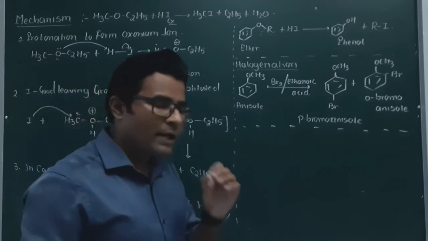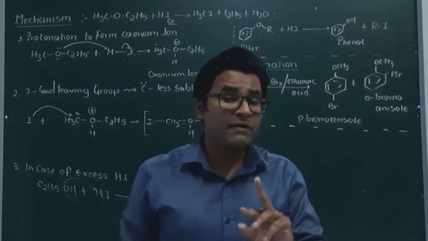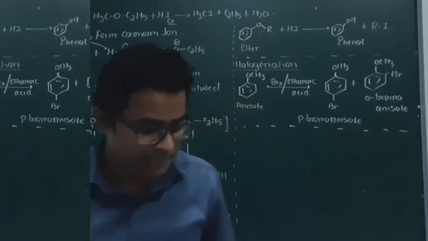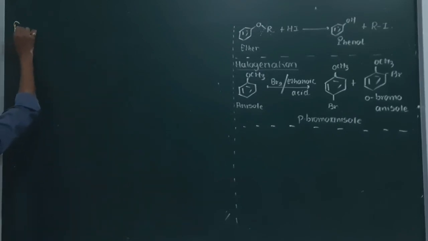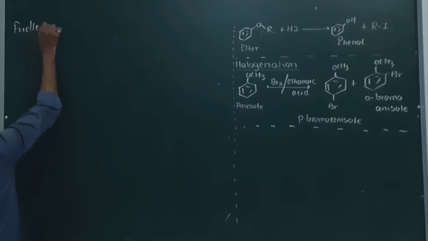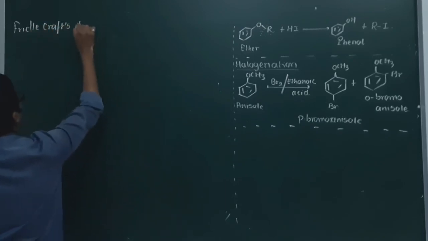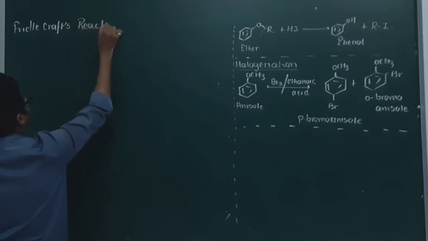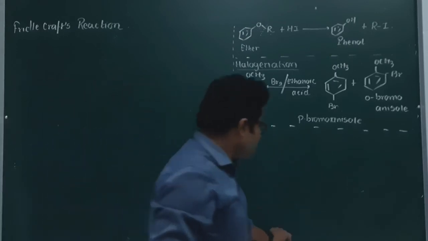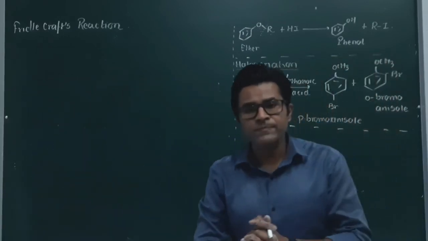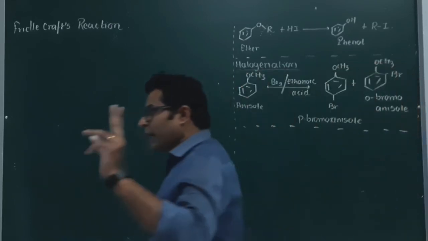Let us observe one most important thing, the last reaction for the day, and that is the Friedel-Crafts reactions. So what we have here is the Friedel-Crafts reaction. As we take a look into the Friedel-Crafts reaction with respect to the ether anisole, we have two cases.